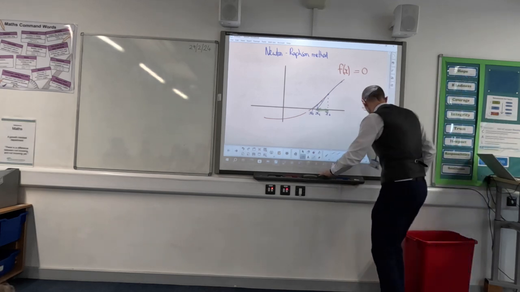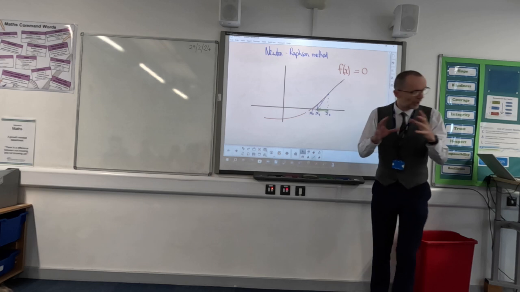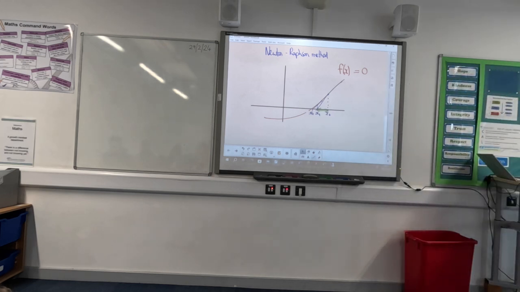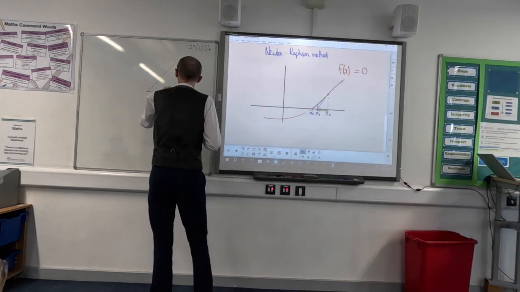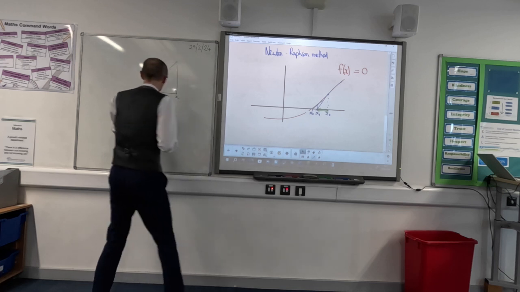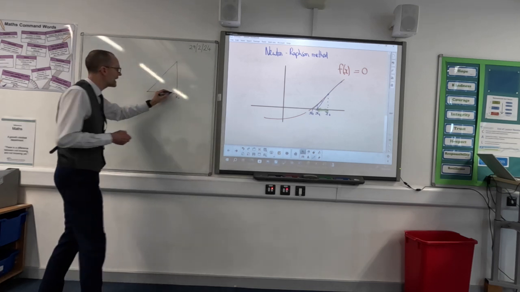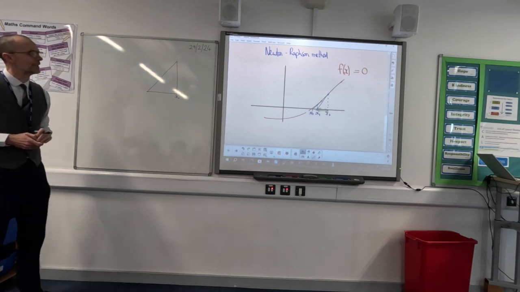So let's just take this part of the diagram on its own and see if we can work out some distances in the situation. So this is my x0, and I want to know what this distance here is, because my next value is going to be at this point here.